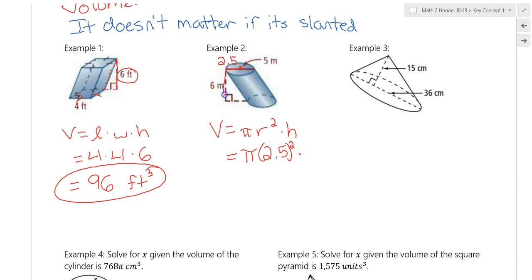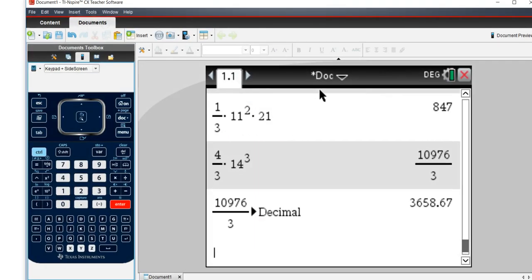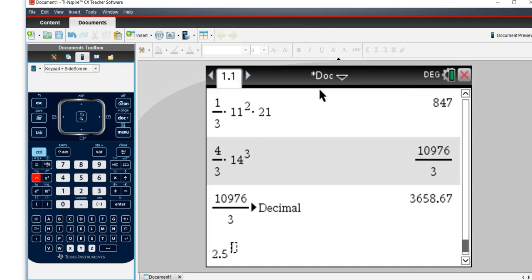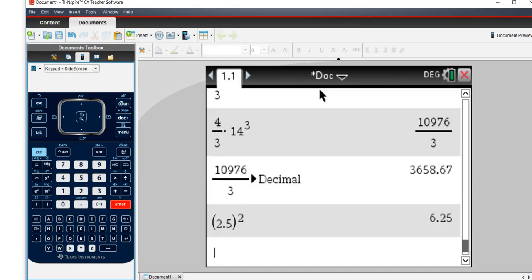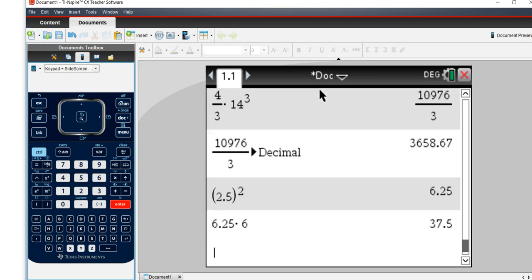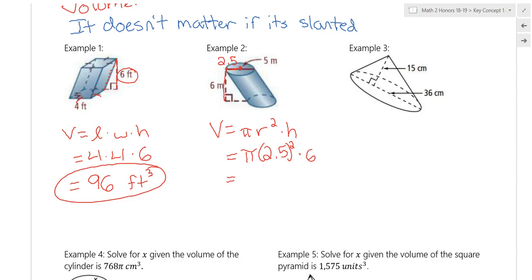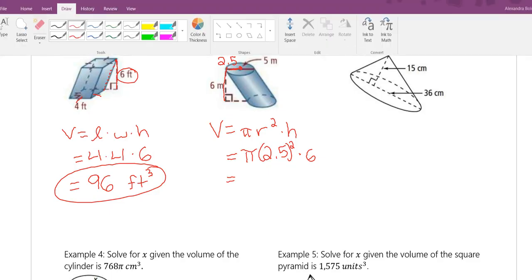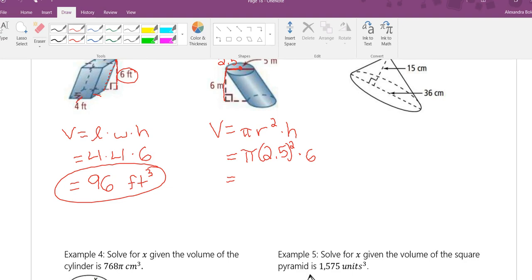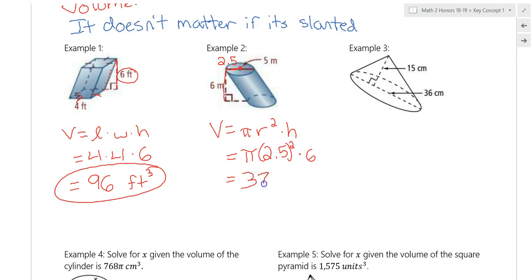And again, my height is going straight up and down. 2.5 squared is 6.25, and then times 6. Right, 2.5 squared times 6, yes. And we get 37.5 pi, and this is in meters cubed.